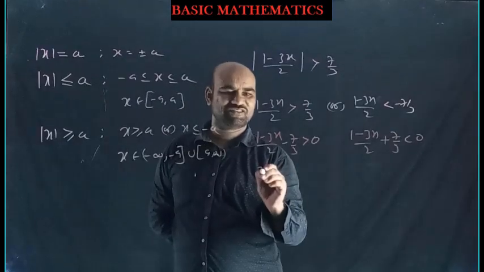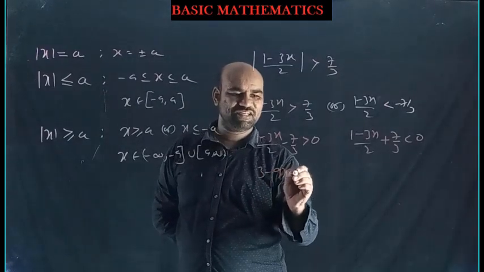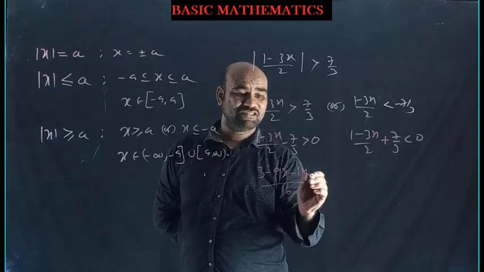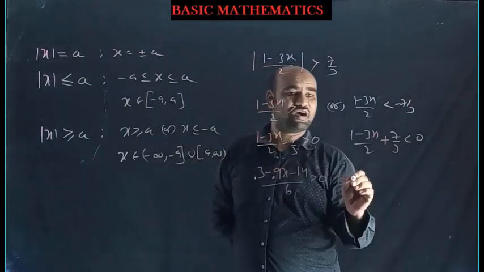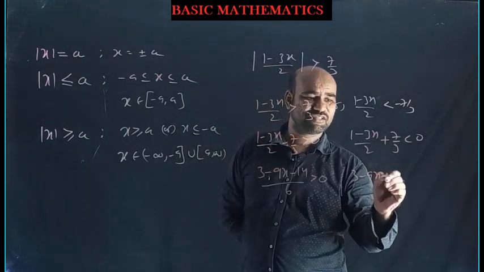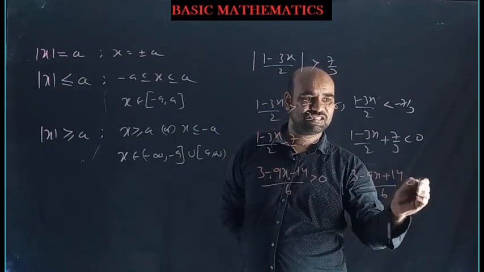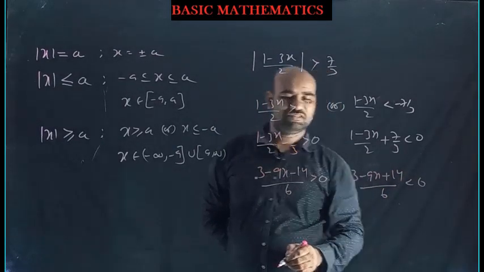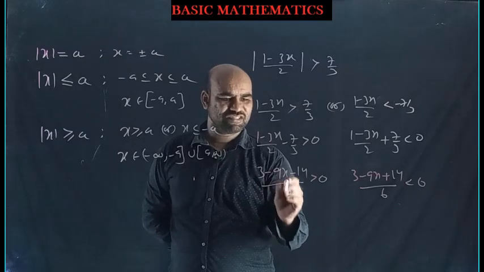LCM is 6 here: 3 minus 9x minus 14 by 6 greater than 0 or 3 minus 9x plus 14 by 6 less than 0. Okay, so what is the meaning of this?